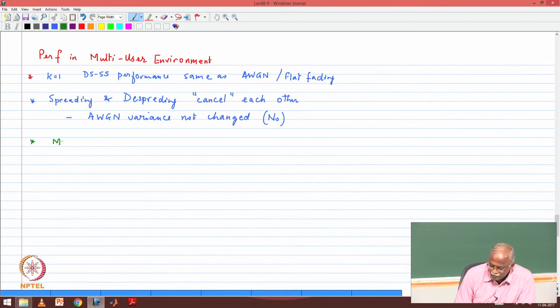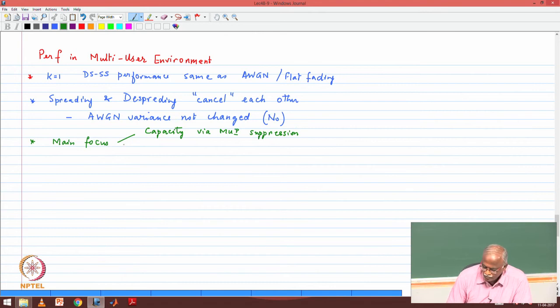So, then what is the interest in a multi-user environment? The main focus for direct sequence spread spectrum is the capacity. What are the benefits that we can get in terms of the capacity via the multi-user interference suppression because of my spreading process and the receiver techniques that I use?